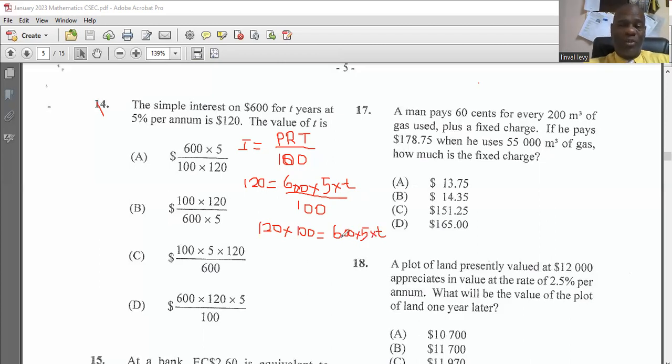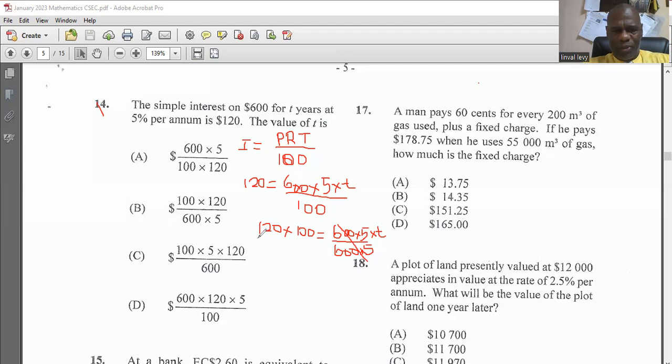Now I want to make T the subject, so I'm going to divide both sides by 600 times 5, right? If I divide both sides by 600 times 5, that cancels out on this side, right?